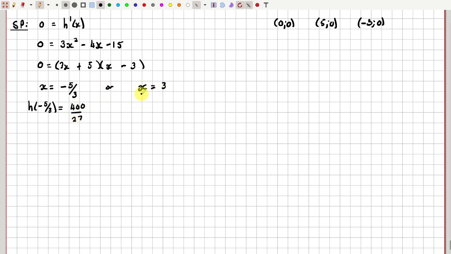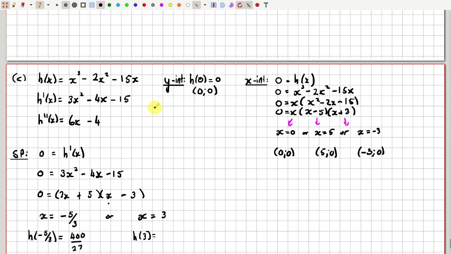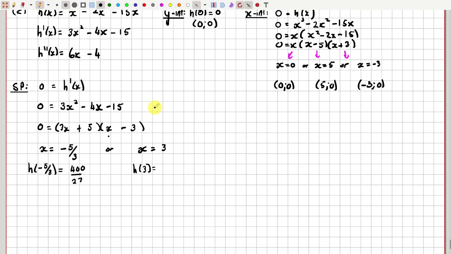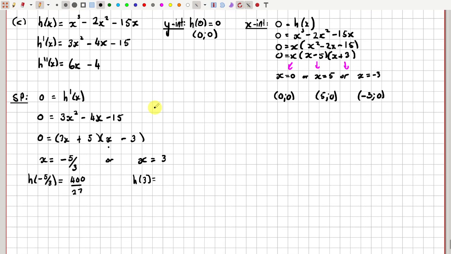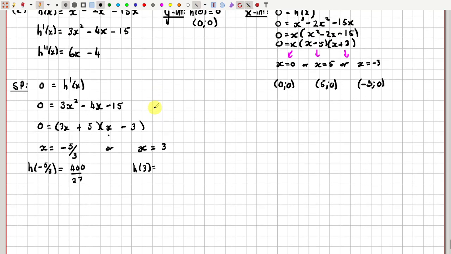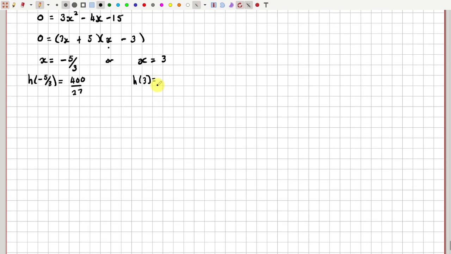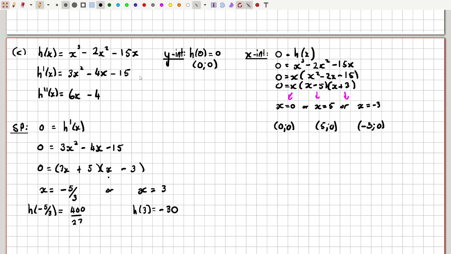And in the next case, we sub 3 back into our original equation. So we'll do this. And we get 27 minus 12, that's 15, minus 45, so that's negative 30, I believe. We'll double check that. 3 goes in here, 27.